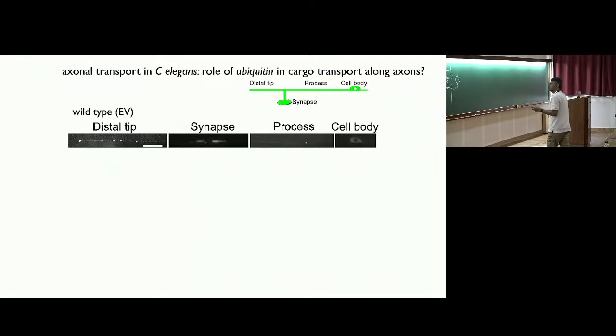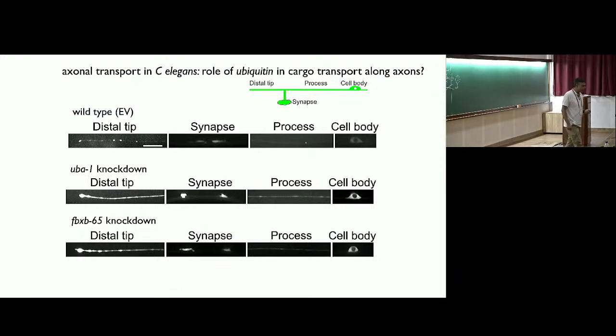First result: if you look at wild type without any perturbation, at cargo accumulation, cargo carried by this specific kinesin 3 kind of molecular motor, you see a little haze, a little white region near the cell nucleus, and mostly high density white regions near the distal tip.